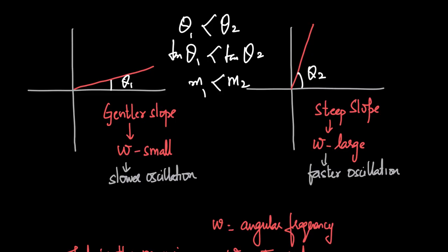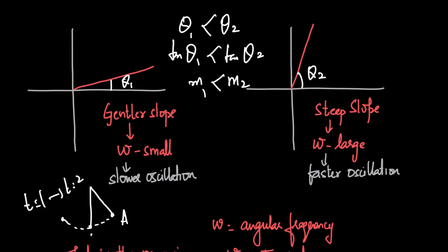The second graph has the steeper slope, which means omega is large, and therefore the oscillations are happening faster. Say from t is equal to 1 to t is equal to 2 seconds, the bob was here, it moved up till here, and it moves all the way back to this.